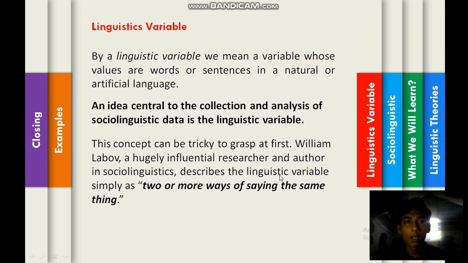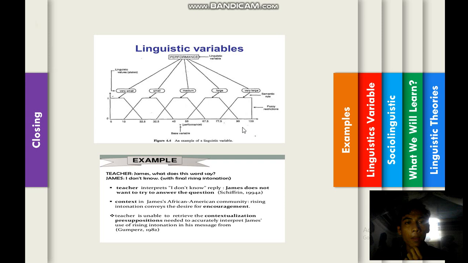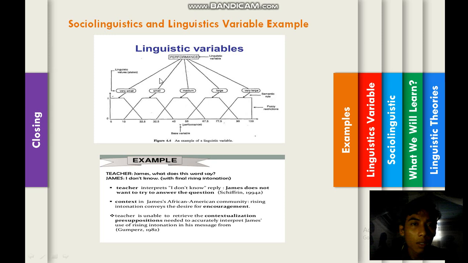So, for example, you can see it like this. Let's see the picture. The example of the linguistic variable is in this picture. Linguistic variable: performance.